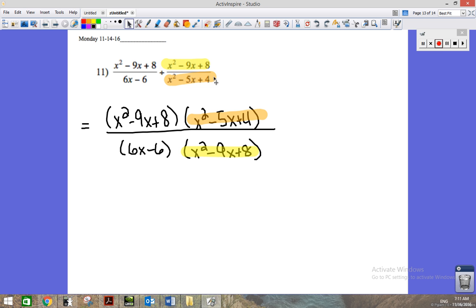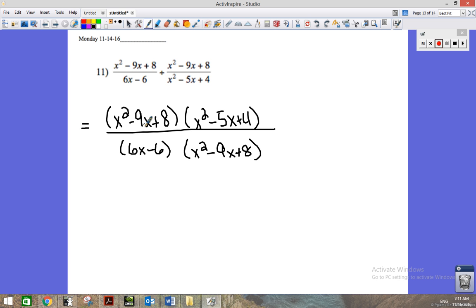Alright, let's get these highlighted things out of our way so that we can read this a little bit easier. Or at least I've been told by a few of you that it's easier to read if we remove those highlighters.